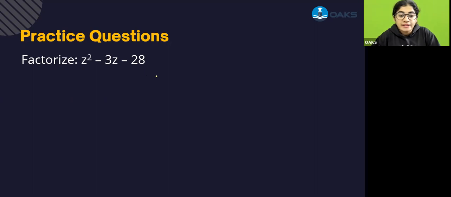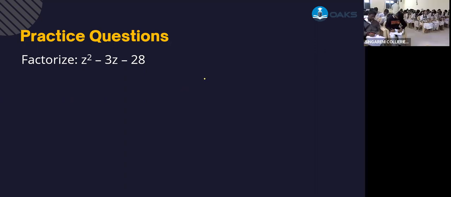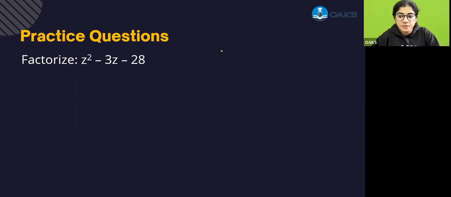If you do not find the identity, kindly solve 28 and try to make 3z like we did in middle term split. I'm just giving a hint. Soon you will find that identity is being used, but you can use them as simple factorization. You can do simple factorization.